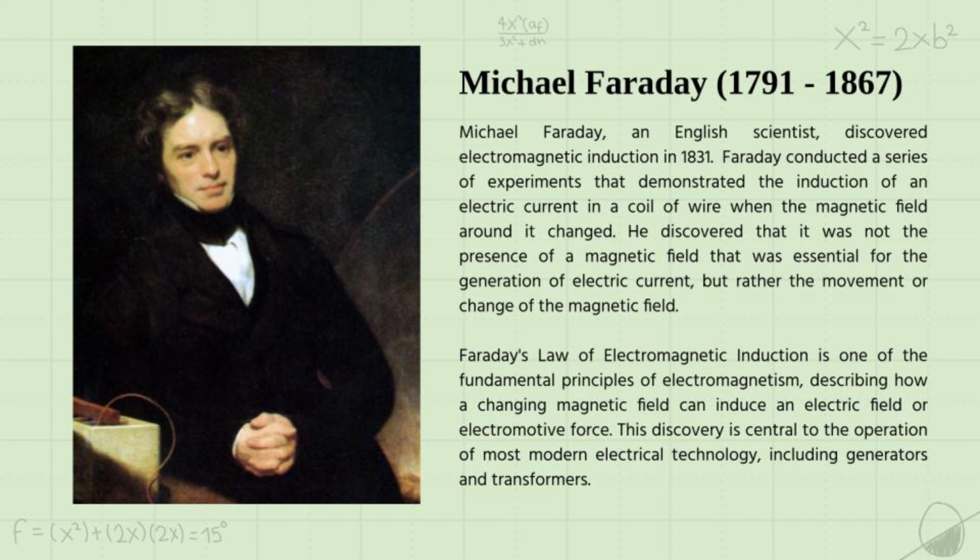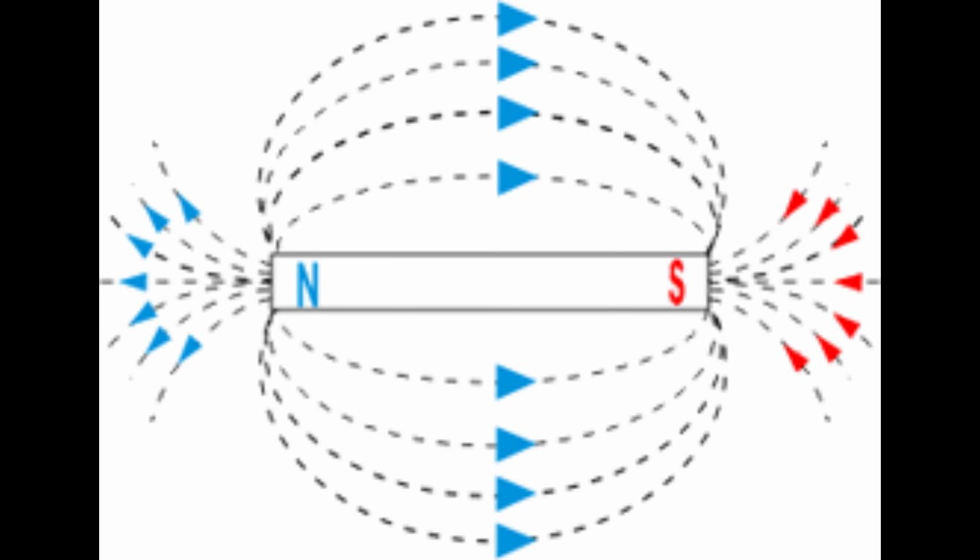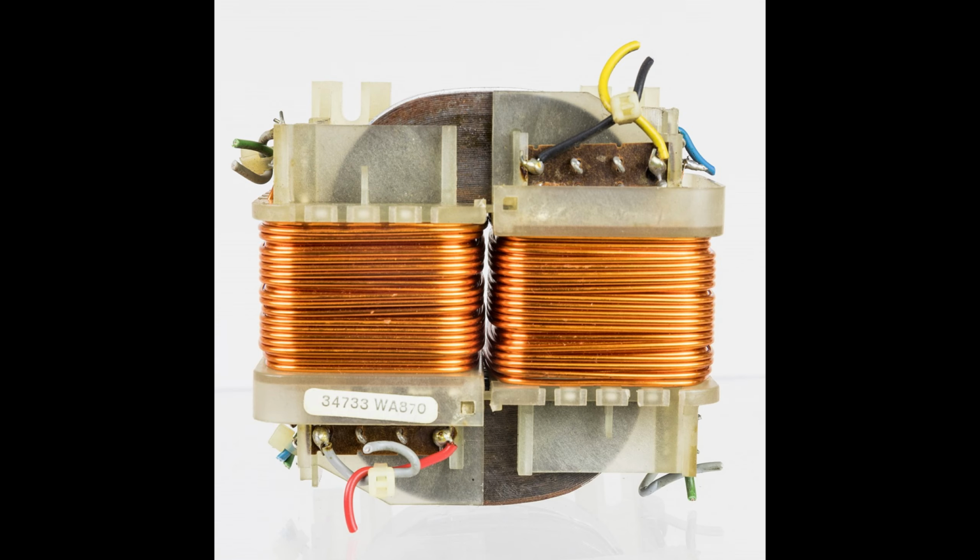He discovered that it was not the presence of a magnetic field that was essential for the generation of electric current, but rather the movement or change of the magnetic field. This means that it was not the magnetic field itself that made the electric current, but the movement of the magnetic field. As I said before, it was the instability or the changes in the magnetic field.